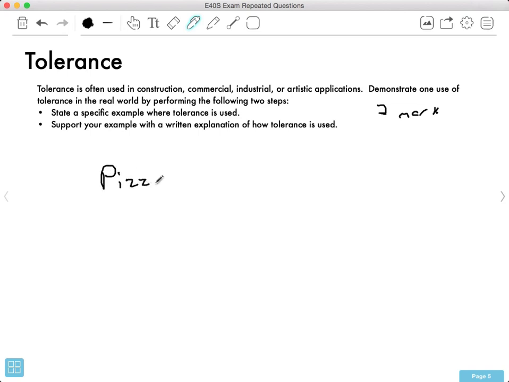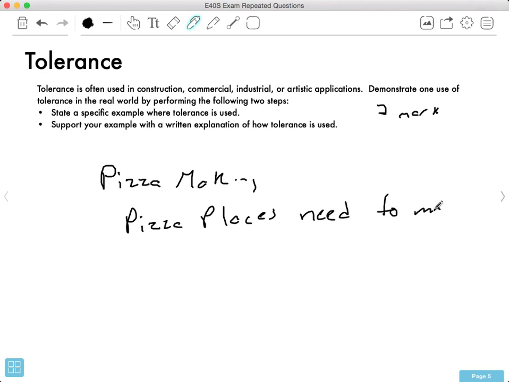So I'm going to give you one that's close, near and dear to my heart. I'm going to say pizza making. And you can say something like pizza places need to make pizzas close to a given size, which makes sense.